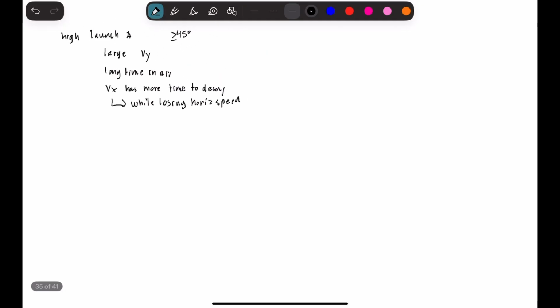Now, on the other hand, for a lower launch angle, that is below 45 degrees, you have a smaller Vy, a shorter flight time, and less time to reduce Vx.